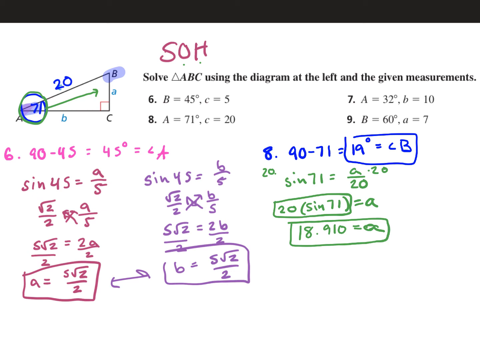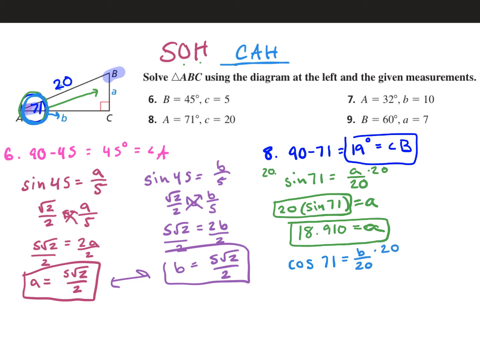Now we need to find side B. Still using this as my theta, I could say that B is adjacent and 20 is the hypotenuse. So adjacent over hypotenuse would be cosine. So the cosine of 71 is equal to adjacent, which is B, we don't know that, over 20.